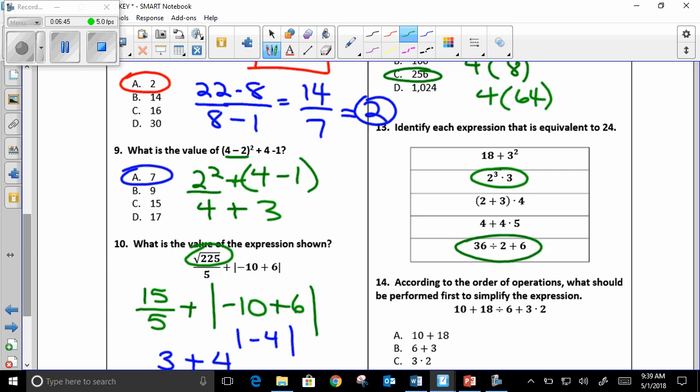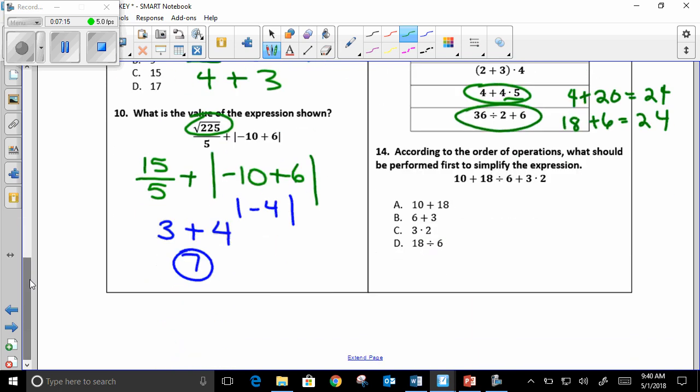What is it? Excellent. Yes, these all equal 24. Why? Because this is 8 times 3. This one, remember, you're going to do this 4 times 5 first. So 4 plus 20 equals 24. And this one is 18 plus 6, which equals 24.